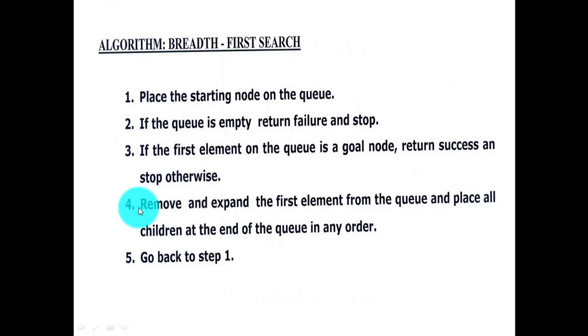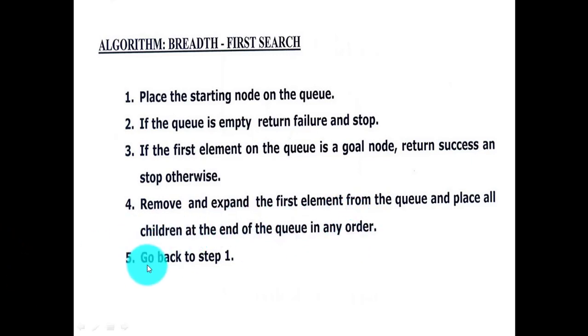Otherwise, step 4, remove and expand the first element from the queue and place all the children at the end of the queue in any order. So if the first node in the queue is not a goal node, we expand this node, and the children generated by expanding it are placed at the end of the queue in any order.